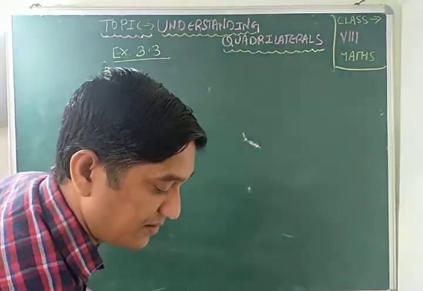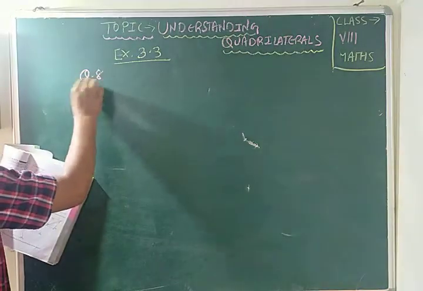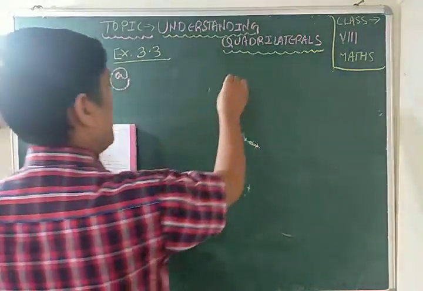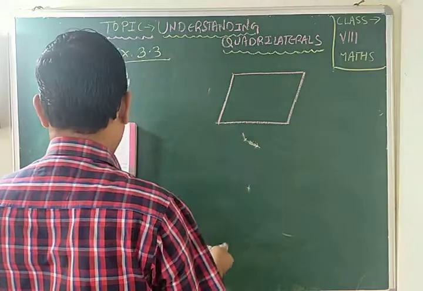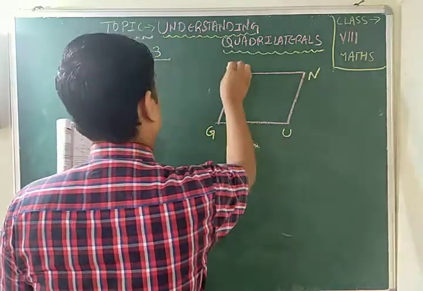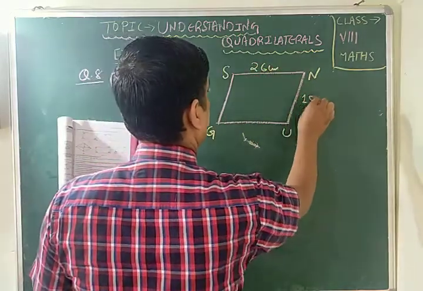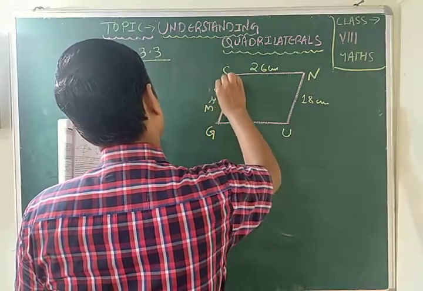Question number 8. A part. In the A part, we have a figure like this. GUNS. And here we have 26 centimeter. This is 18 centimeter. This is 3x centimeter.